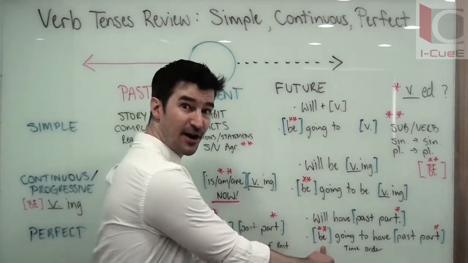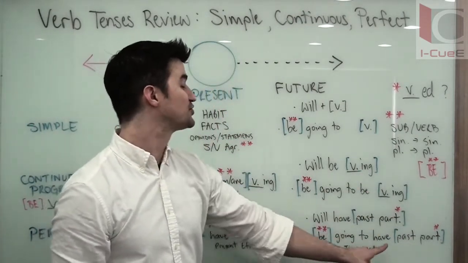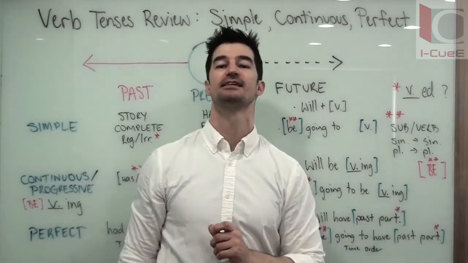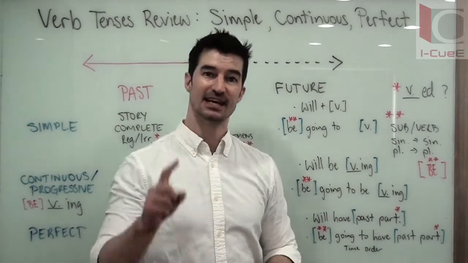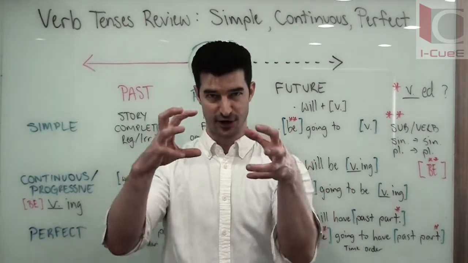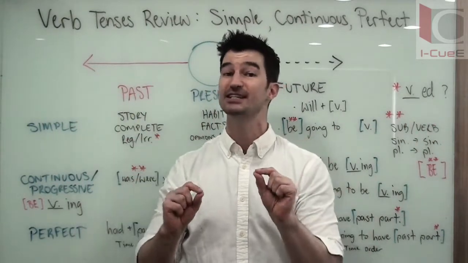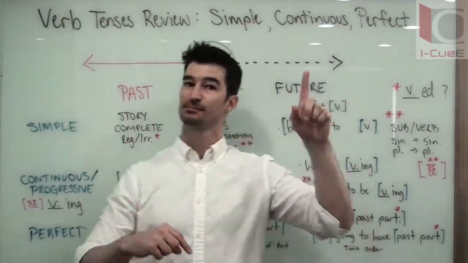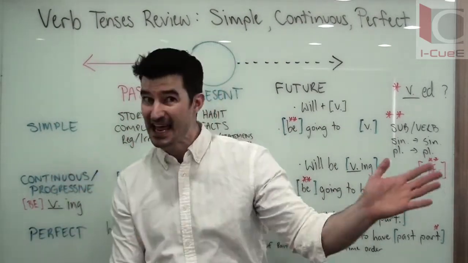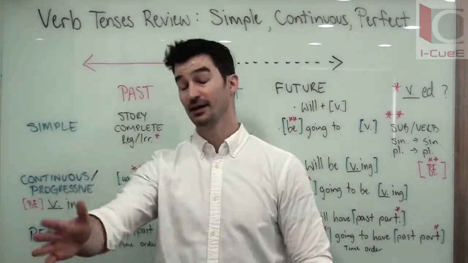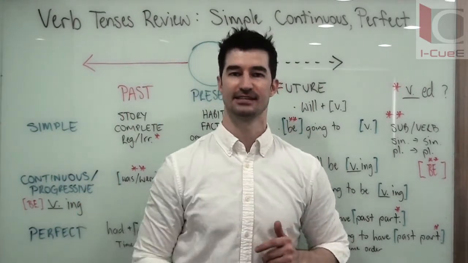Or be verb, subject-verb agreement, be going to have, plus past participle, and these are your perfect tenses. It is the have verb that is the first word of the verb construction that you need to make sure follows past, present, or future. The past participle will be the same whether it is the past perfect, present perfect, or future perfect tense.